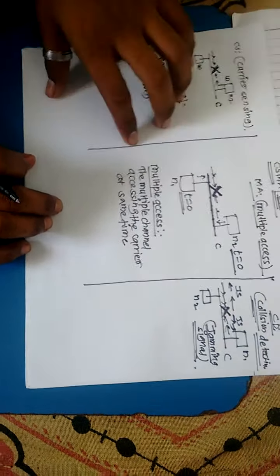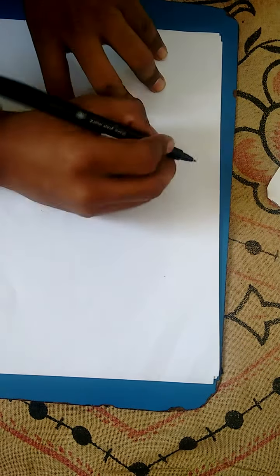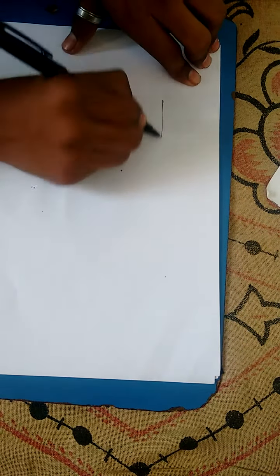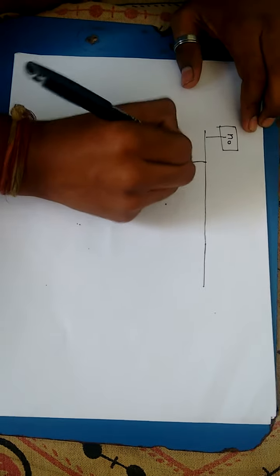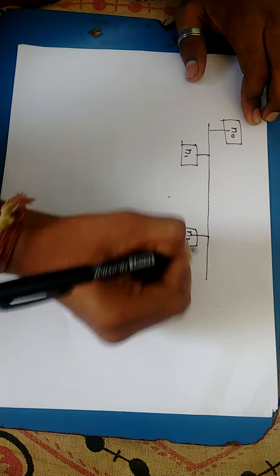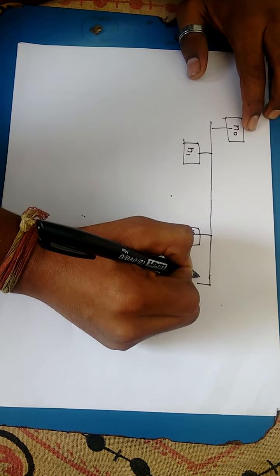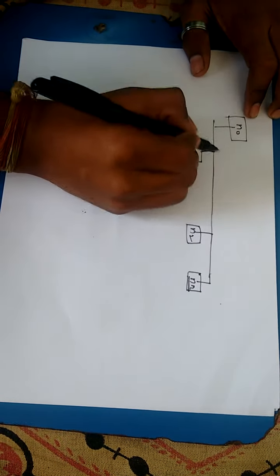Now let's figure out what we have seen until now, with some key points. Let's consider an Ethernet LAN with multiple nodes connected to it. This is N0, this is N1, this is N2, and this is NN. This is an Ethernet, and N0 and NN are the farthest nodes.